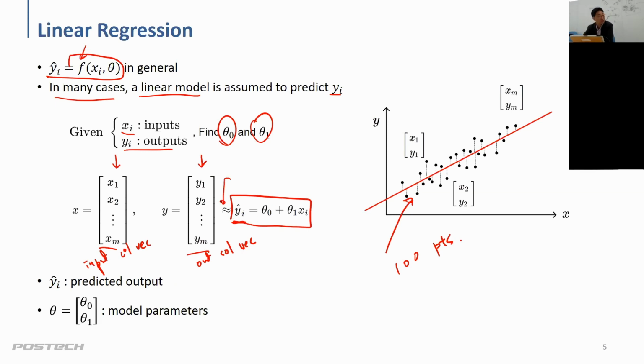I use this approximation because y is the actual values and y hat is the value that I'm trying to estimate or predict from the inputs. That's the notation that I have. So y hat is going to be the predicted outputs, and theta will be the unknown parameters.